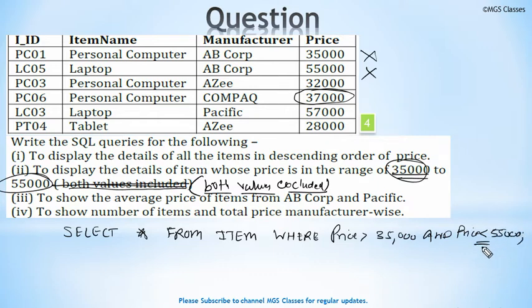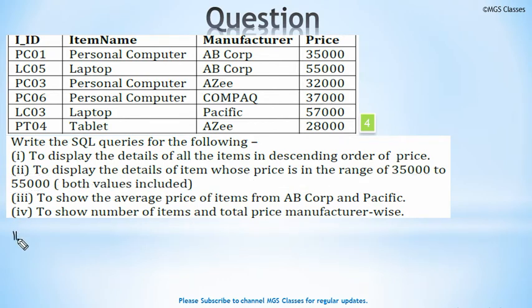Here you will not write less than or equal to. Remember, if you write greater than or equal to and less than or equal to, then the line should say both values included. If excluded, in that case you will strictly write price greater than and price less than. Remember this.